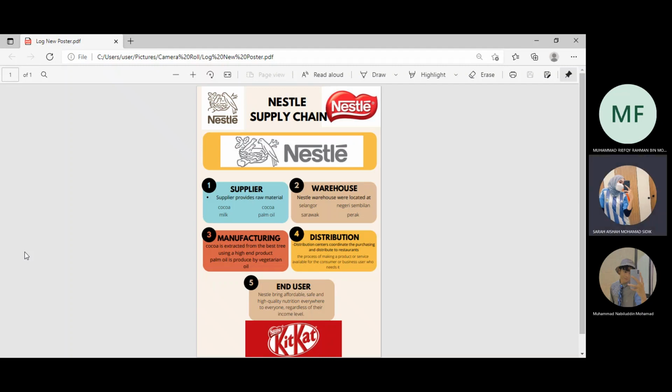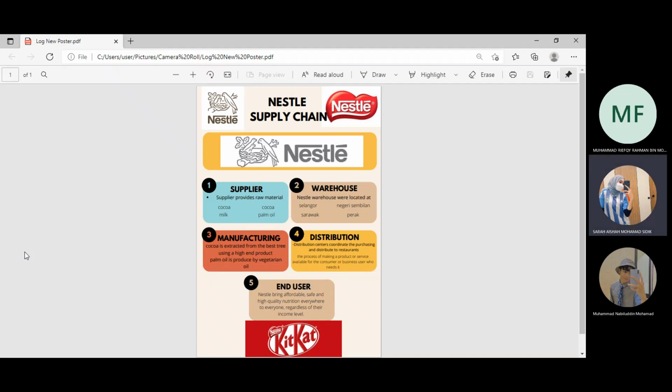The last stage is end user. From the perspective of the total supply chain, the ultimate customer is the end user of the product or service whose needs or requirements must be accommodated. It has historically been useful to distinguish between two types of end user.